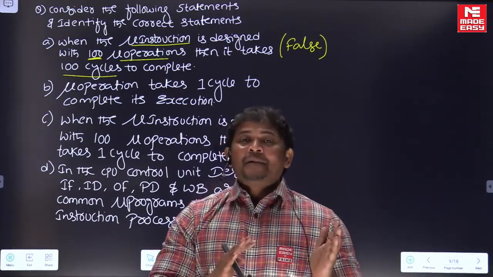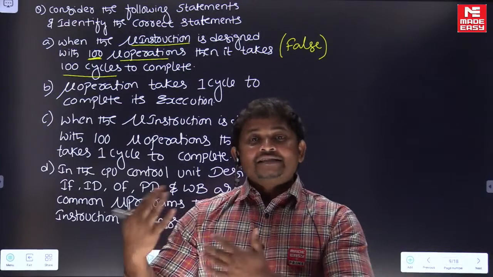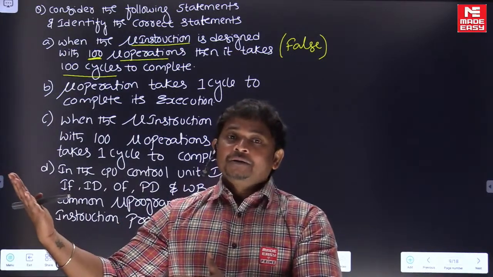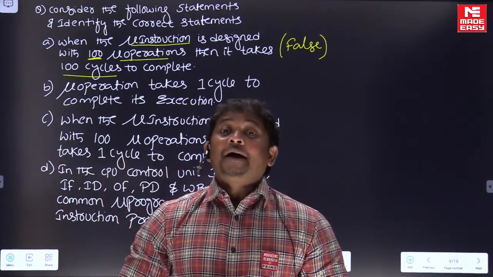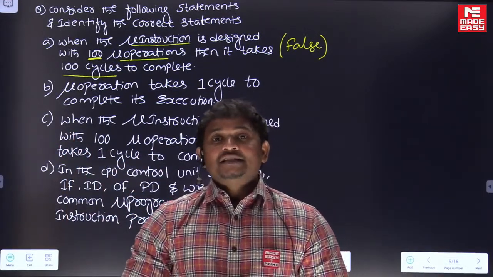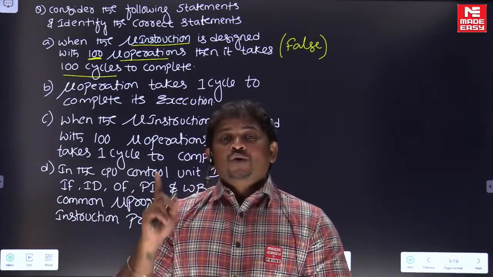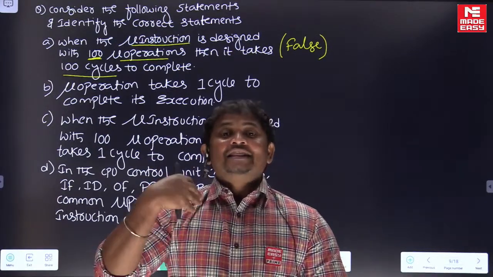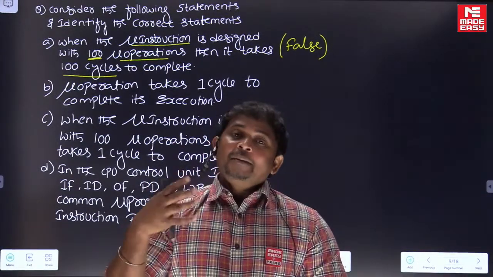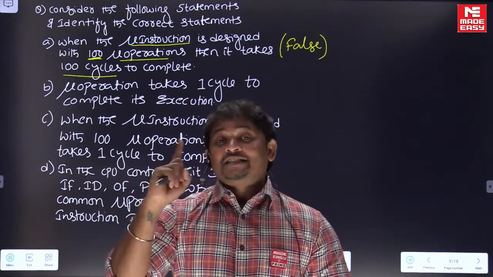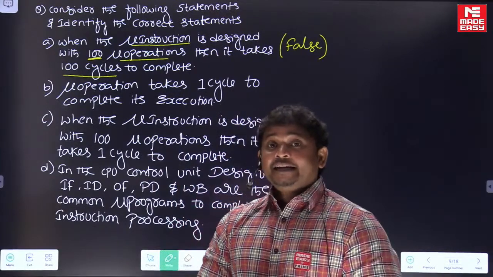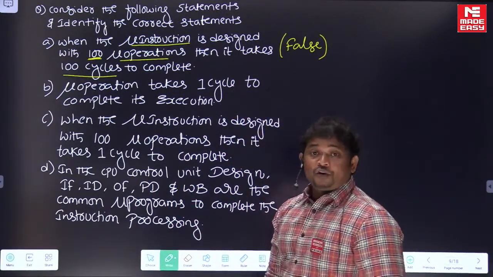Inside the micro instruction we may design 1000 micro operations, still it takes one cycle only because all are running in parallel. That is the reason a micro instruction takes only one cycle. That is the reason the first statement is false.